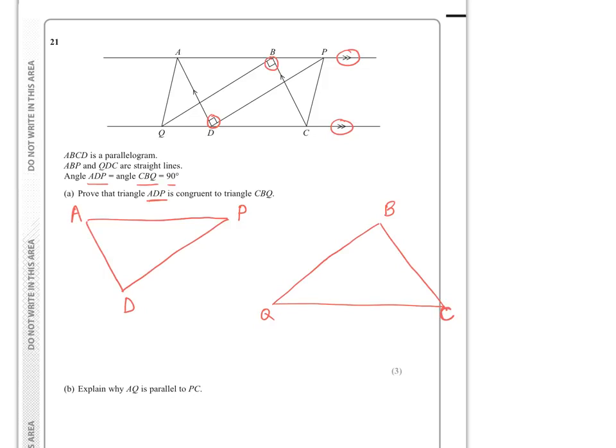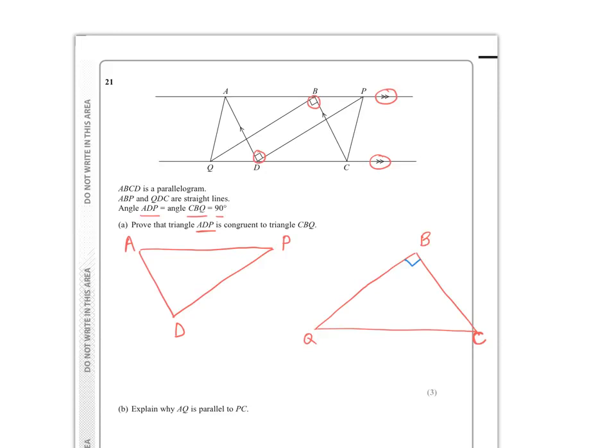So I do know that this angle here is a right angle, and I know this one is a right angle. So I'm going to write that first. So angle ADP equals CBQ is 90 degrees, given.